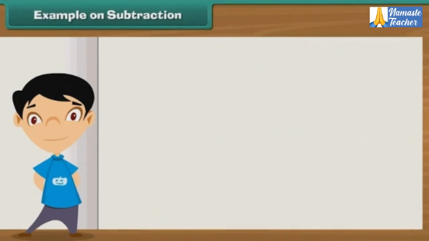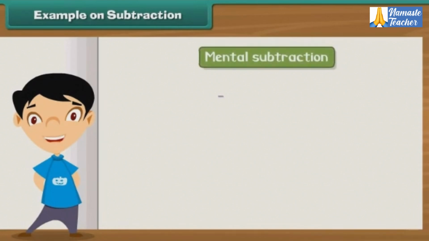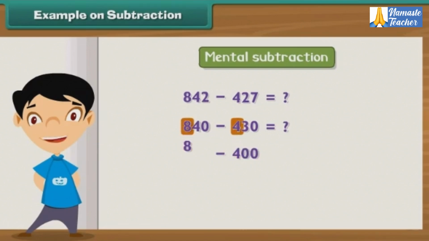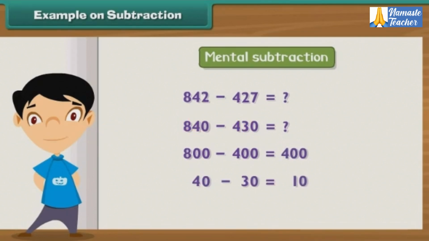Let us practice mental subtraction. Subtract 427 from 842. To simplify subtraction, let us convert 427 to 430 and 842 to 840. To subtract 430 from 840, first, subtract 400 from 800 to get 400. Then subtract 30 from 40 to get 10.